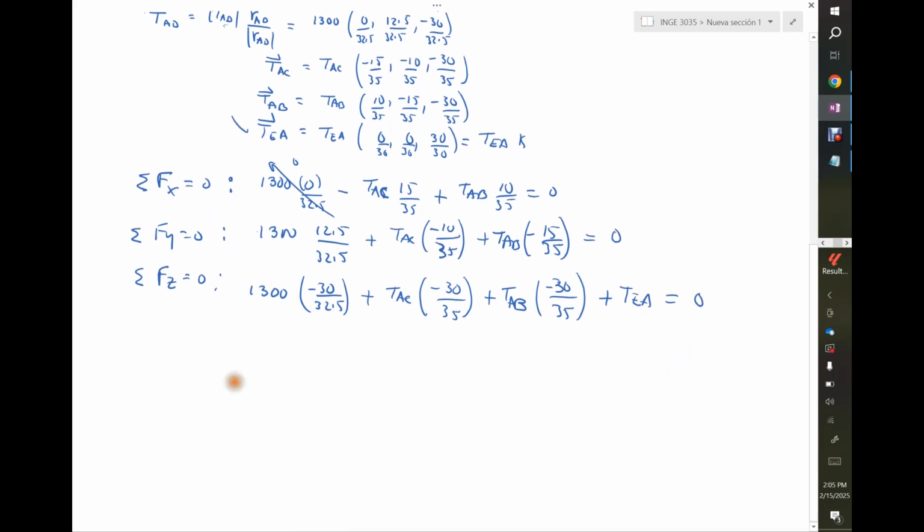So that's basically it. The distribution of all the forces on the X, Y, and Z. And what are the unknowns? The unknowns are TAC, TAB, and TEA. All these three variables are unknown. But it's interesting. The fact is that we have three equations and three unknowns.